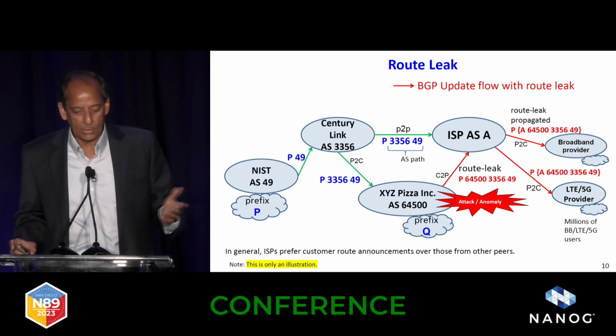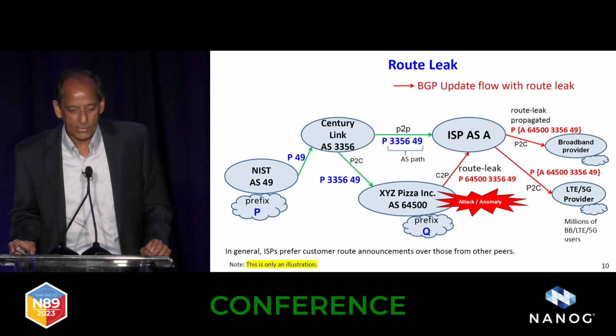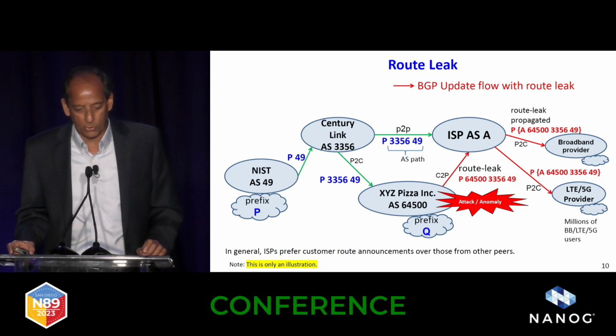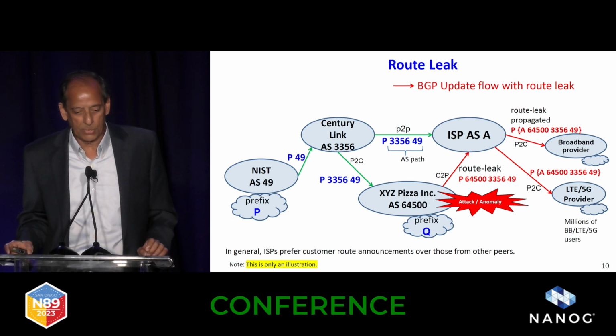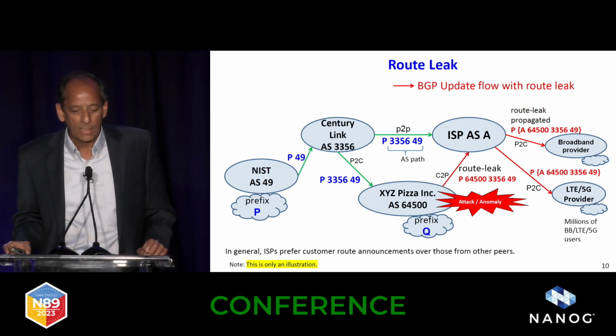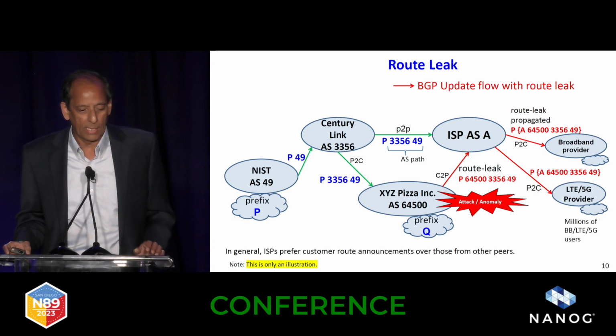Let's say that there's a major workshop going on at NIST, and many users are connected to NIST attending the workshop. And suddenly a route leak happens from XYZ Pizza, AS64500, at the bottom. So they have taken the NIST prefix and maybe perhaps other prefixes and accidentally leaked them to ASA.